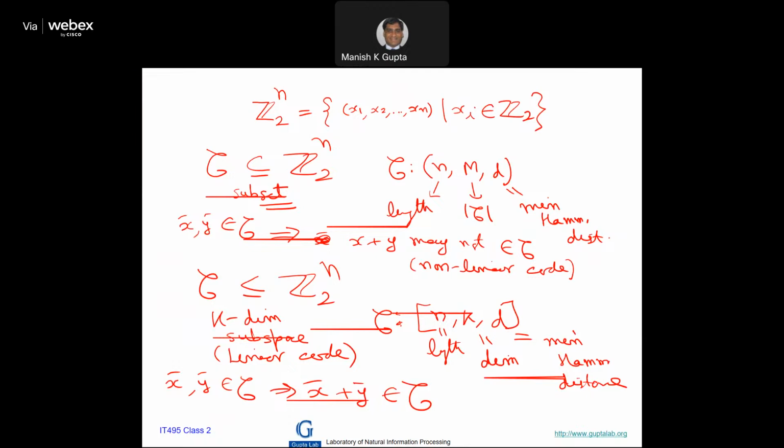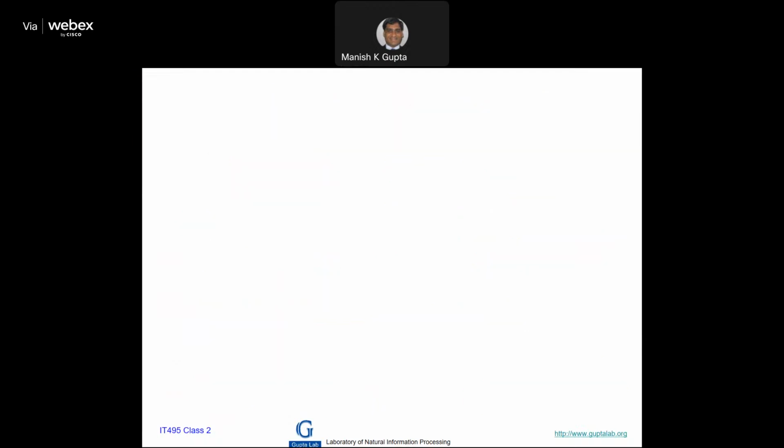So that means the linear code that we took earlier, when we take C is equal to 0, 0, 0, 1, 1, 1, this code is nothing but a subspace of Z2^3. A one-dimensional subspace. The cardinality of C is 2 raised to the power 1, right?